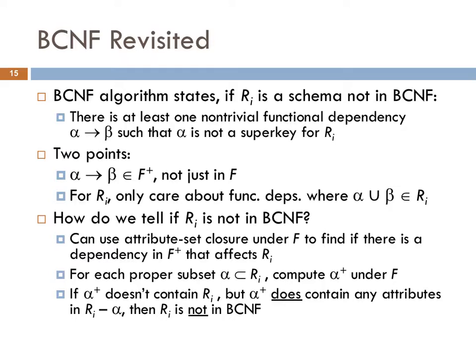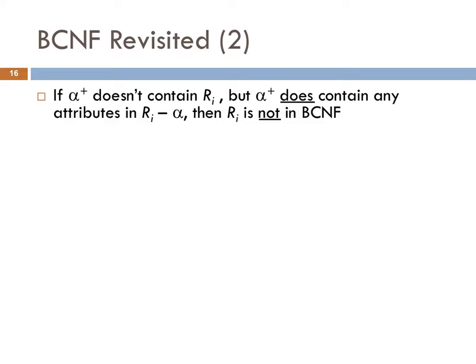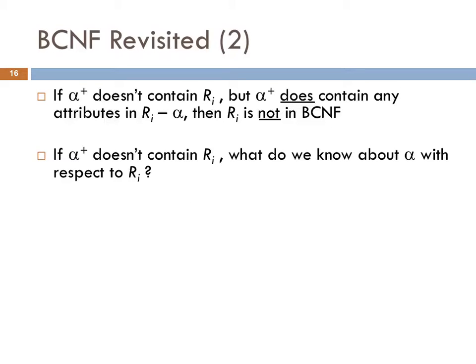But what I want you all to be thinking is, why is that true? What are we doing here? How do we know that this actually works? So if you compute the attribute set closure of alpha, so you have alpha plus now, and notice it doesn't contain R. What do we know about alpha with respect to R?